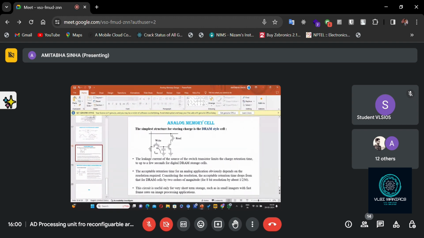Yes, sir. And that will be stored here. And if we want to discharge it, apply high voltage in the negative direction, and this will be discharged.